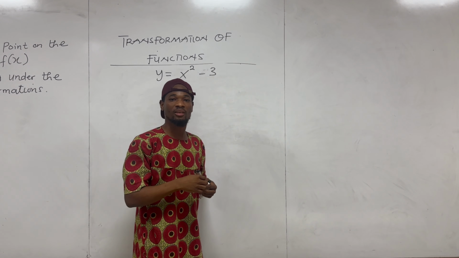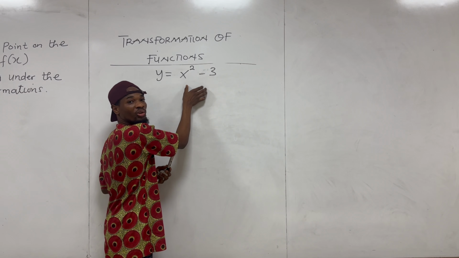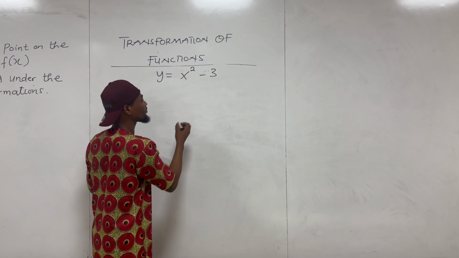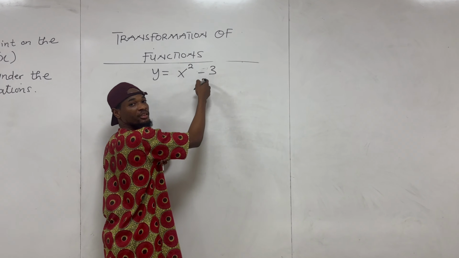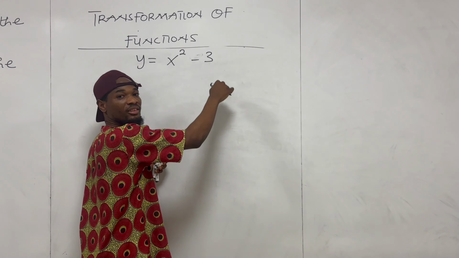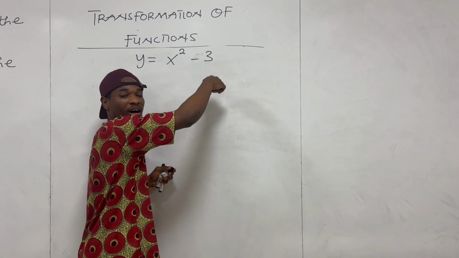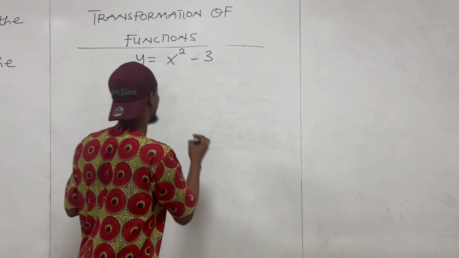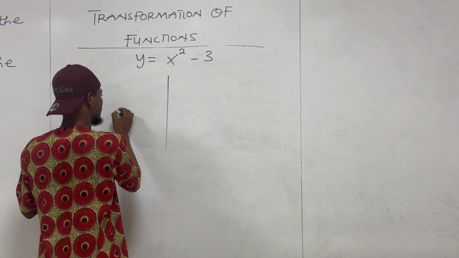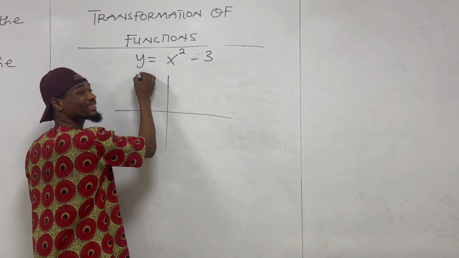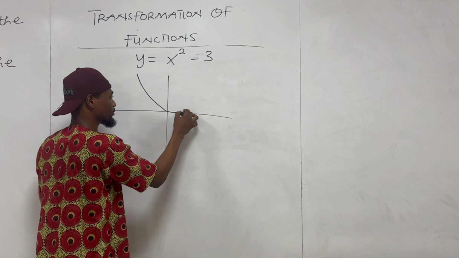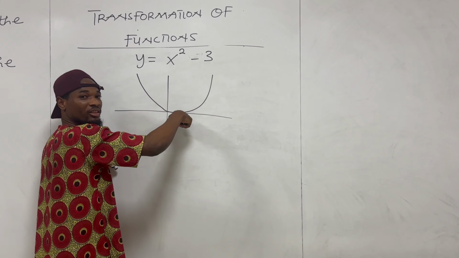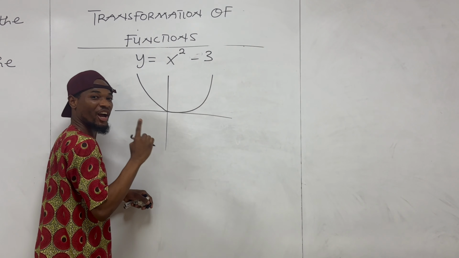Viewers, let's show this geometrically for y equals x squared minus 3. Negative 3, what does it imply? Vertical downwards by a unit of 3. You know that x squared takes this form, but this time I have negative 3. So I shift this downwards by a unit of 3.